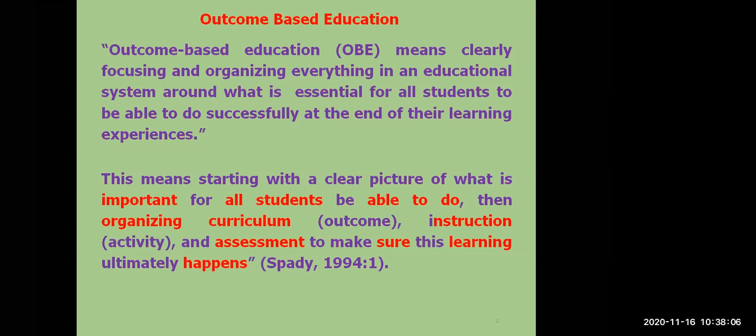Make your curriculum accordingly. Design your instruction, your teaching-learning process accordingly so that the students learn. It is not necessary that I will first teach them theory, then only do the practical. I can take them to the workshop and show the things first, then I can teach the theory. Maybe it may work better. Then assessment to make sure this learning ultimately happens.